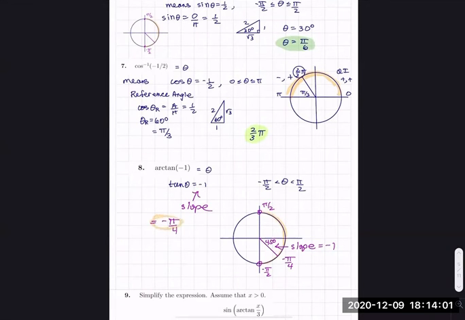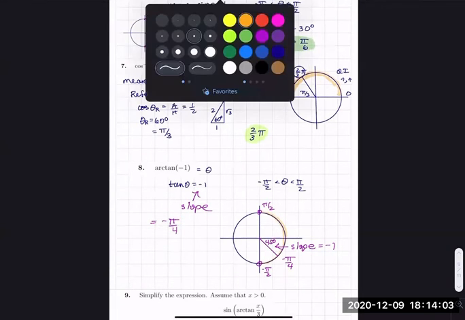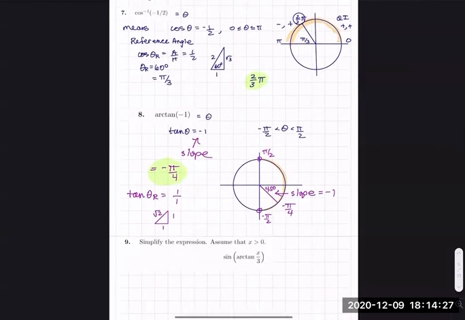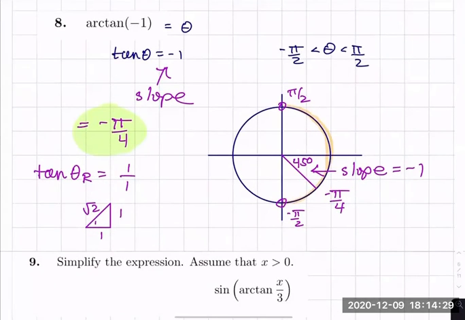If you don't like that idea of slope very much, you can also use a reference angle: tangent theta reference is equal to 1, and you can write that as 1 over 1. Then you can see that that corresponds with a 45, 45, 90 triangle. So you have 1, 1, root 2, and that's pi over 4.